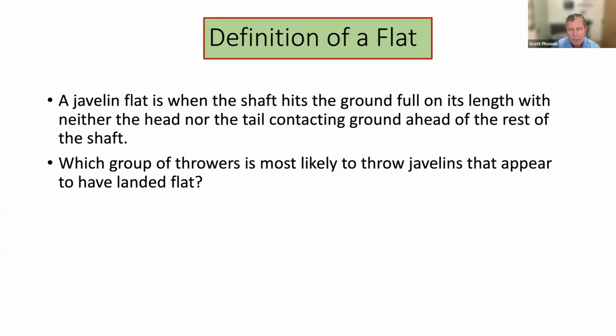The only thing that would not possibly hit the ground along with the rest of the shaft is where it tapers to the tail and then the real sharp angle from the head to the tip. Other than that, it's the entire length of that shaft. And then a group of throwers most likely to throw javelins that will appear to have landed flat, we'll talk about these as we go on.